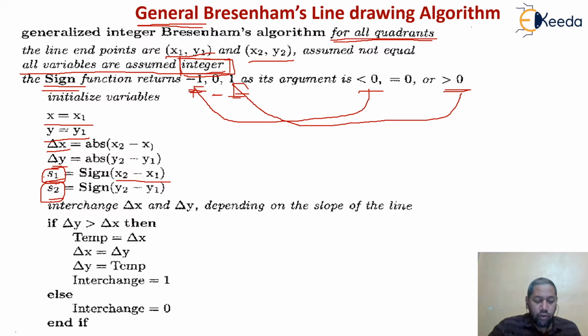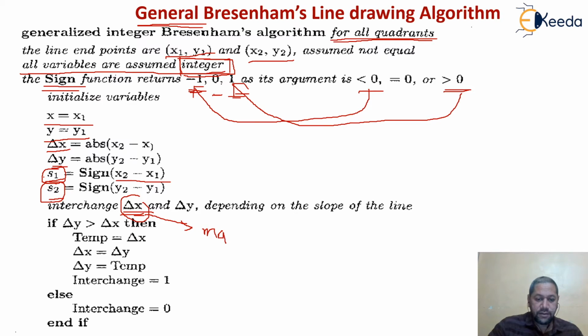Now, as we are working in all the quadrants, we are not repeating the same for loop a number of times. So we are always assuming that delta x is maximum. I again repeat this, this is the key of the general algorithm: delta x is always considered as the maximum.